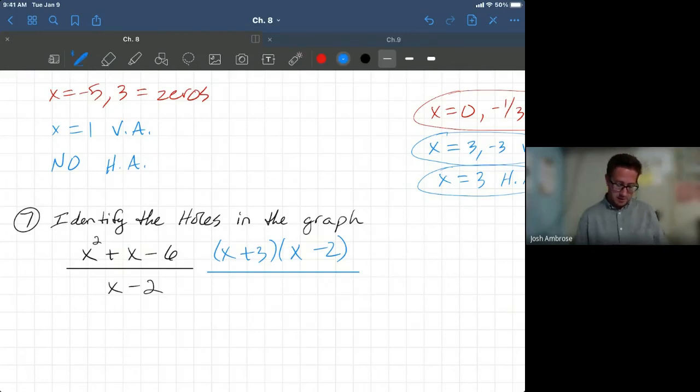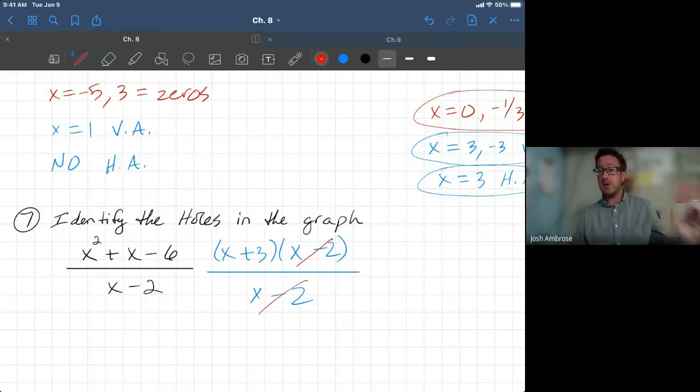Okay, now here is how we determine where the hole is. Notice you have values on the top and the bottom that are identical and can be crossed out. Because these values right here are identical and can be crossed out, those are the ones we focus on.